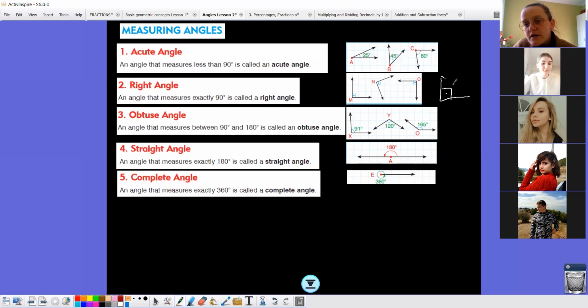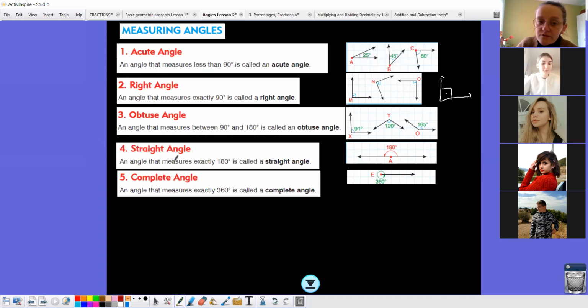This shows that it is a right angle. And the third one, obtuse angle. An obtuse angle measures between 90 and 180. So 91 is an obtuse angle, 120 is an obtuse angle, 165 is an obtuse angle.